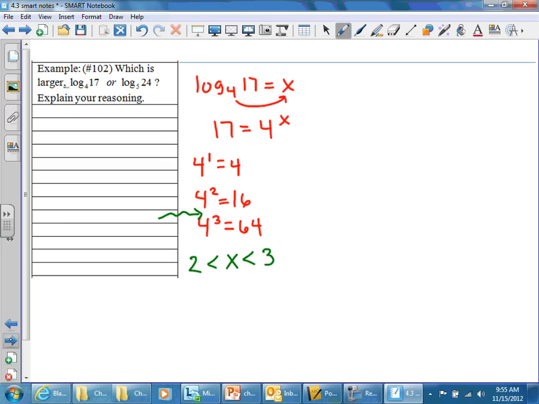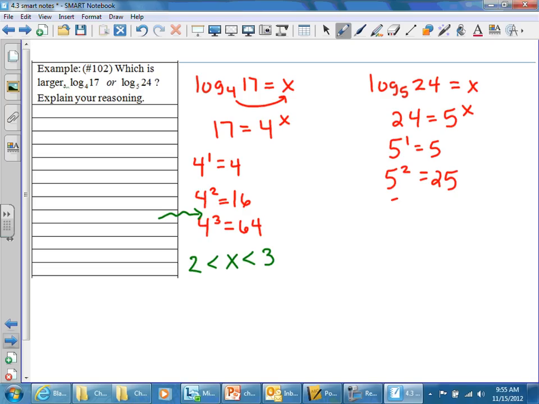Well, let's look at the other one. So now I'm going to go through powers of 5. Where would 24 fall?